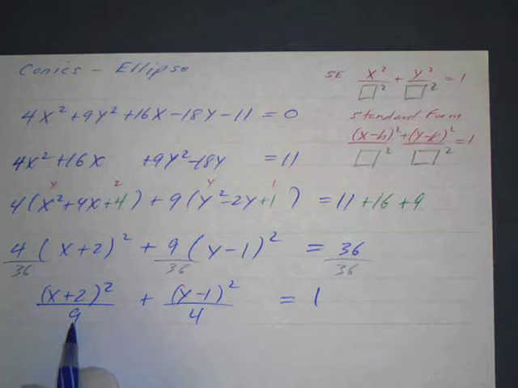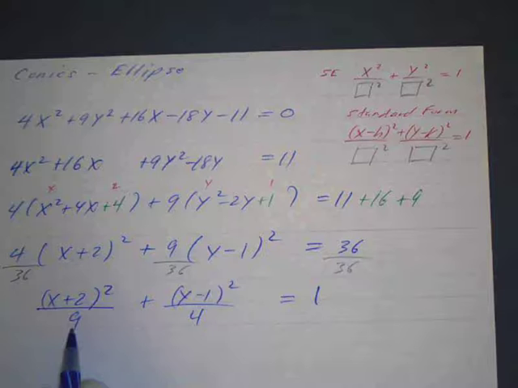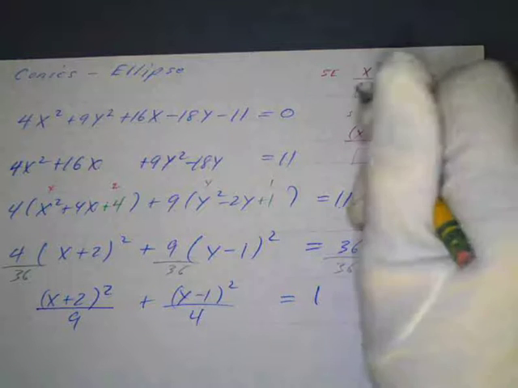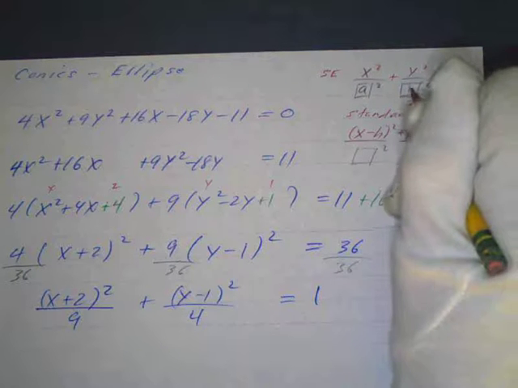And 9 obviously is larger than 4, so my a will be 3, and this will be 2. So my a squared is going to be here, and b squared there.